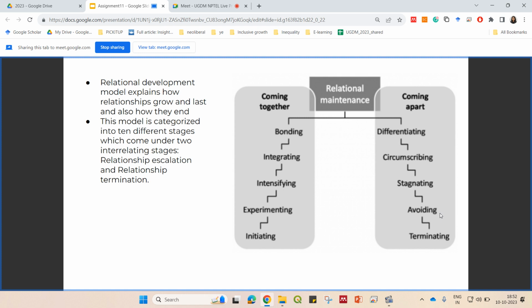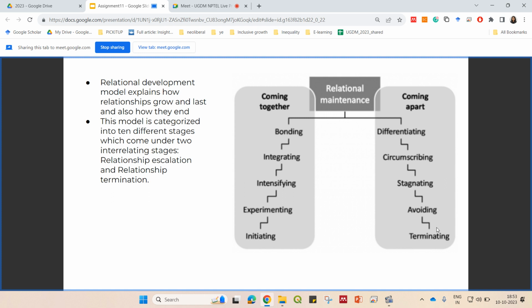After the stagnating phase, because you don't have much in common, you are not spending a lot of time collaborating or working with each other, so you start avoiding each other, or avoiding each other on certain topics or issues. Then comes the stage of avoiding, where you totally start avoiding each other, or avoiding people in that organization or relationship.